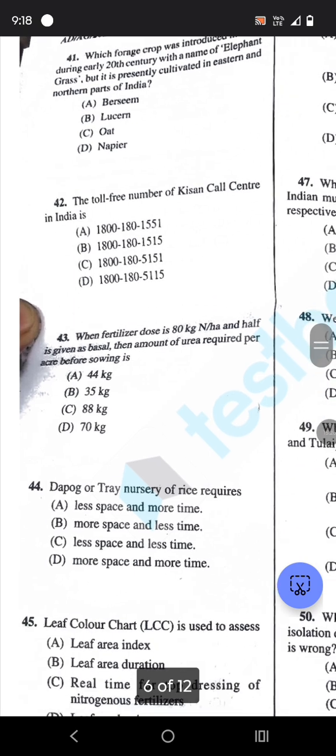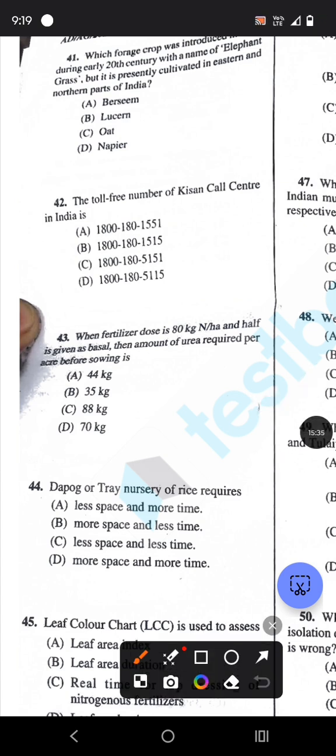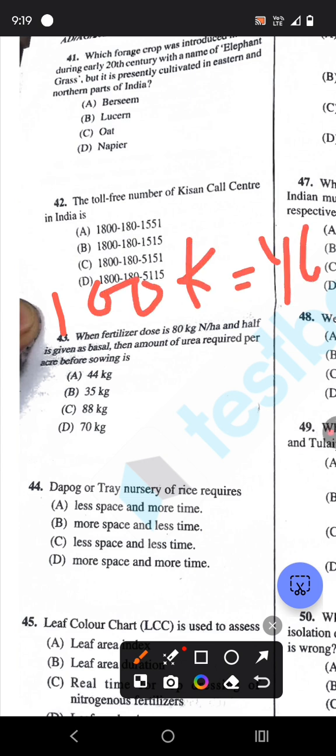Let's see question number 43. Guys, for solving this question you need to know two pieces of information: 100 kg urea provides 46 kg nitrogen, and 1 hectare equals 2.5 acre.